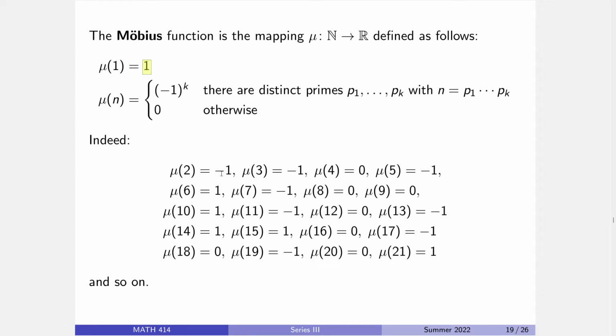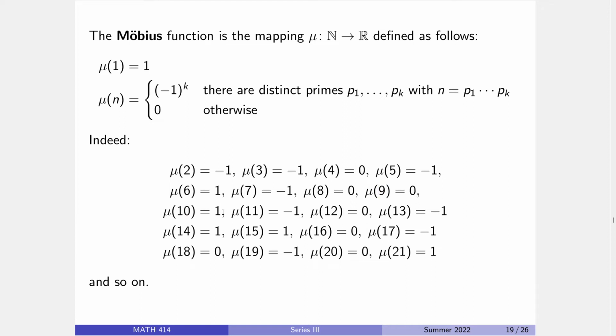It starts with 1, then it spits out negative 1 because we just have 1 prime, so it's negative 1 to the 1. 3 is also 1 prime, so it's negative 1 to the 1. 4 is 2 squared, so we are now in the otherwise category, so it's 0. 5 is prime, so it spits out negative 1. 6 is 2 times 3, a product of 2 primes, so it's negative 1 squared, so it's 1. 7 is prime, so it spits out negative 1. 8 is 2 cubed, so it's equal to 0.